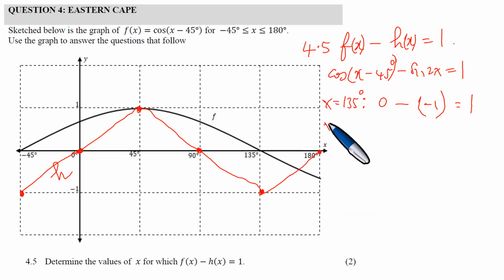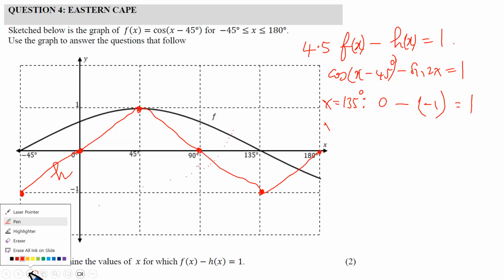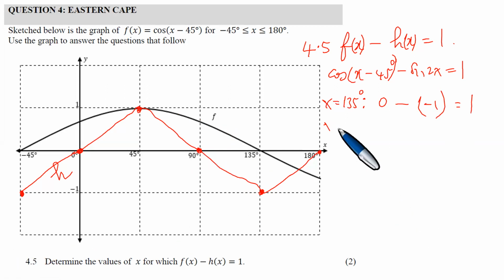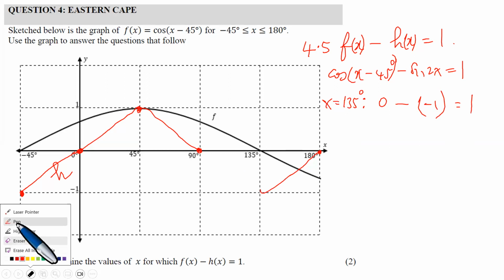Where did we get the 0 minus -1? Okay, it's because the function f is actually 0 at 135 because it is the x-intercept of the function. So now at this point, what is the y value here?